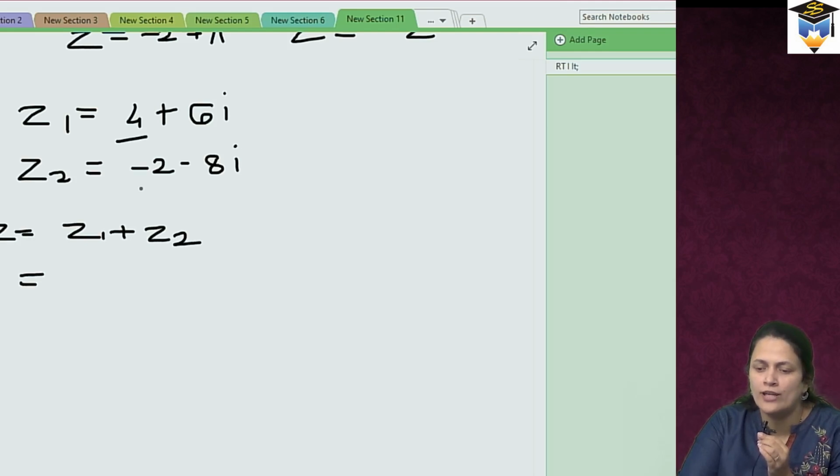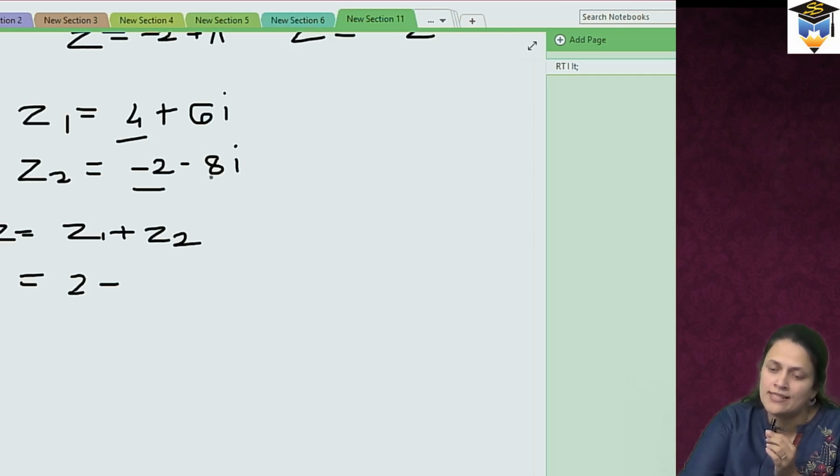So if I add 4 and minus 2, what is the answer? 2. Then I am going to consider the imaginary parts. Now in the imaginary part, this is minus 8, this is plus 6. So what is minus 8 plus 6? Correct. Understood how to do addition?